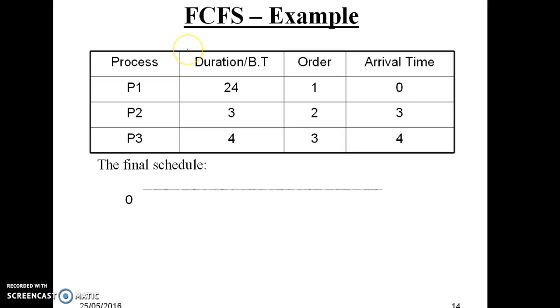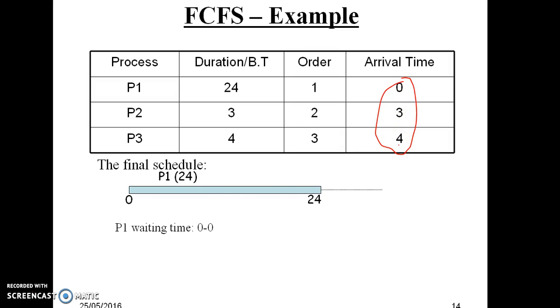Now we have an example that we have not seen in the previous lecture. What we have added in this example is the arrival time for the different processes. In the previous two examples, all the processes arrive at the same time, but in this case the different processes arrive at different times. The arrival time of P1 is 0, so P1 is allocated the CPU for 24 milliseconds.